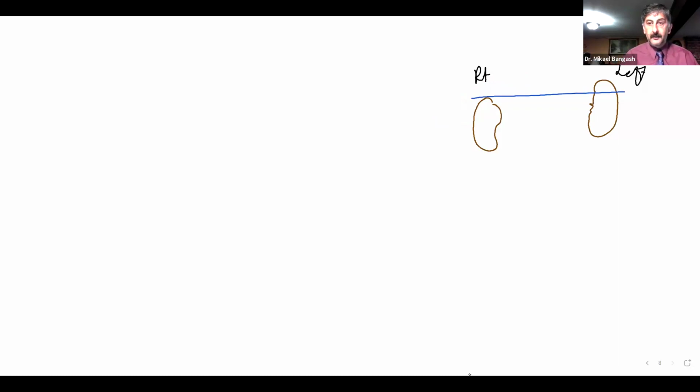But generally speaking, the extent is going to be from this part here of your left kidney, let's do it this way, at the level of T12.